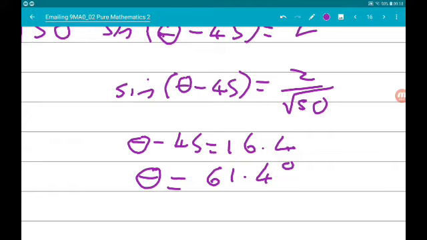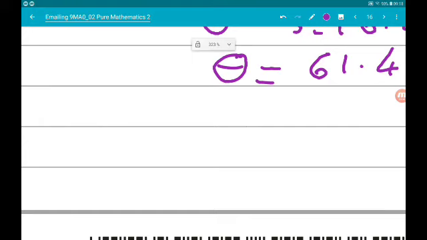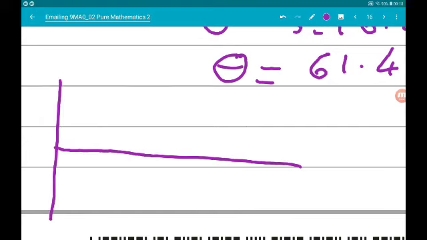Okay, so there will be another one. So sine of theta minus 45 is a translation 45 degrees to the right. So it looks something like this.